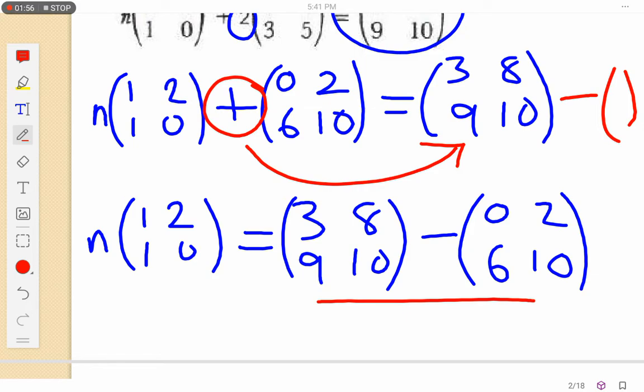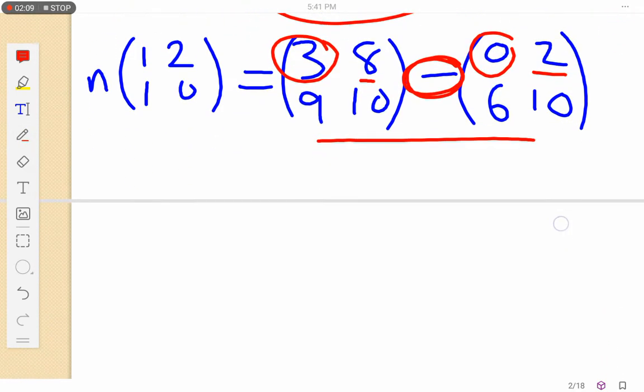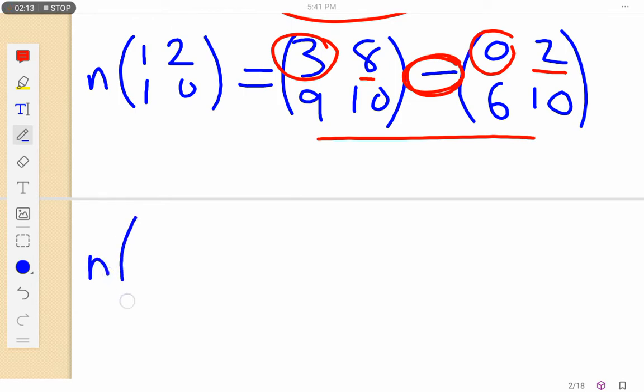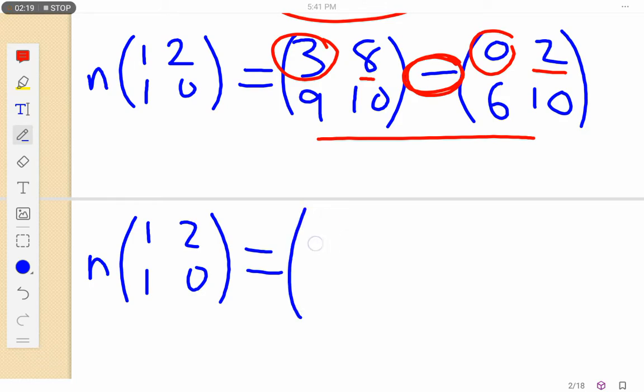Okay, so as we are going to be solving, we'll say 3 minus 0, we get a value. 8 minus 2, we get a value. That's how we are going to be doing this. Let's do that. So we'll have n 1, 1, 2, 0 is equal to, so I'll have 3 minus 0 at that end.